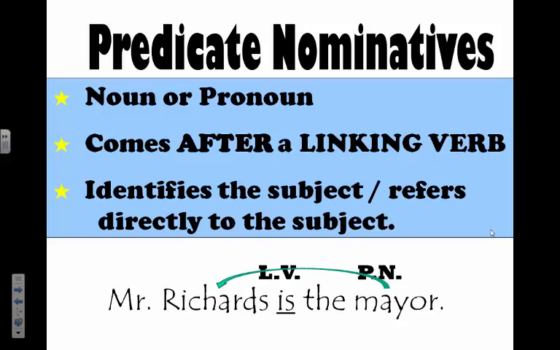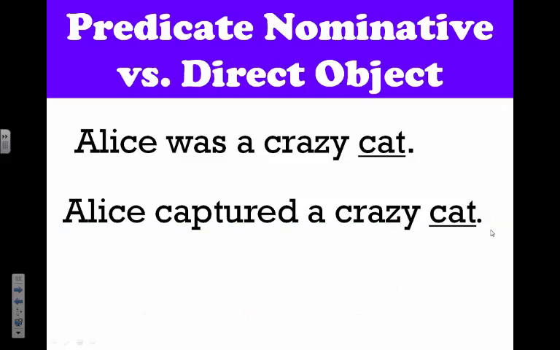Easy peasy. Okay, predicate nominatives versus direct objects. We kind of already talked about the difference between the two, but here's an example. Alice was, linking verb, a crazy cat. Predicate nominative. Because Alice was what? A cat. So it's a noun, it comes after a linking verb, and it renames the subject Alice.